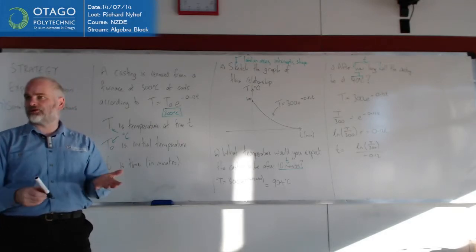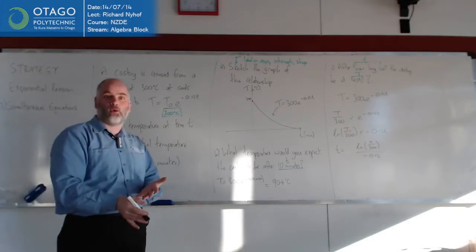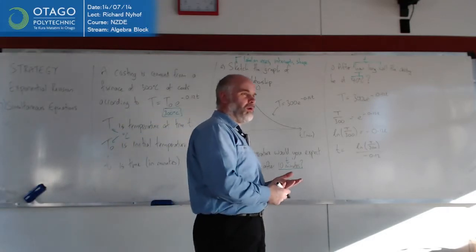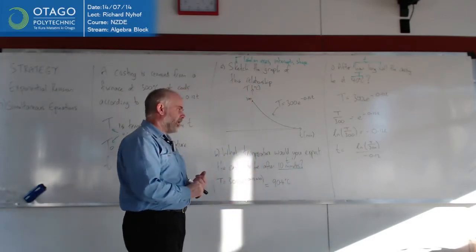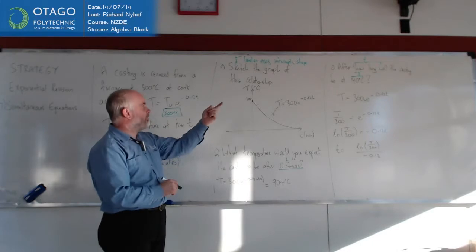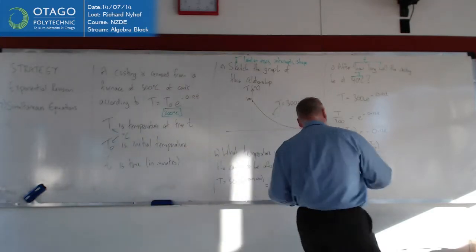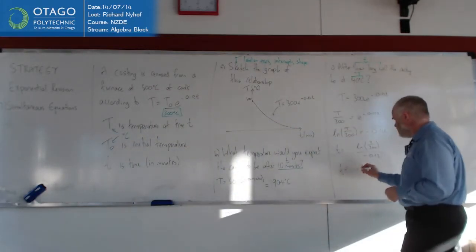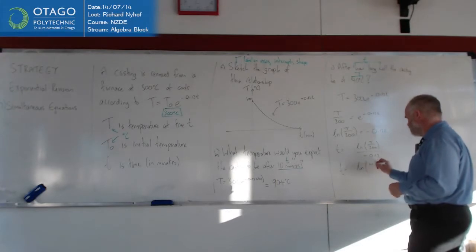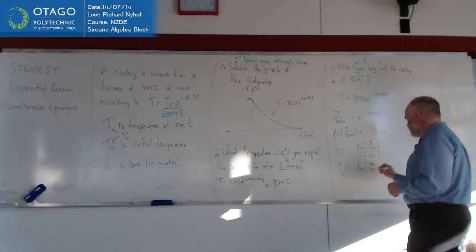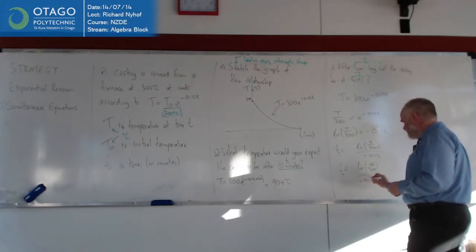Okay, so we've rearranged the equation, so we've now got little t equals, which is great because that's what we wanted. So now I can substitute my number in because I know what big T is, it's going to be 40. So I've got little t equals natural log, 40 over 300 divided by negative 0.12.